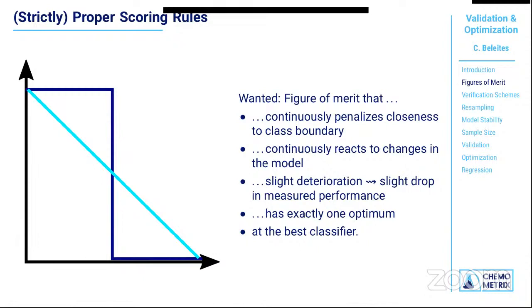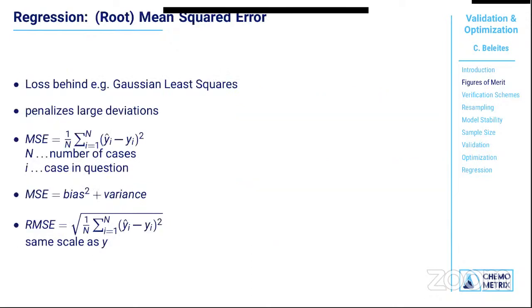You may then afterwards calculate as many proportions as you like in order to have easy communication to the stakeholders of your application. But for the optimization, strictly proper scoring rules are guaranteed to be basically well behaved.